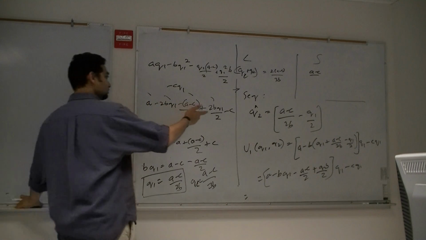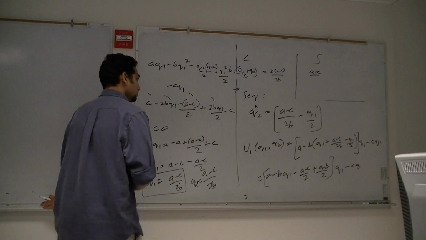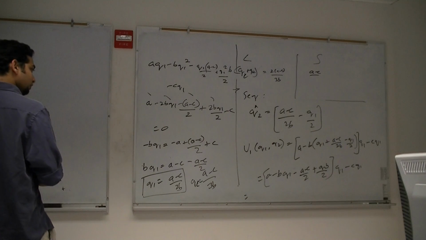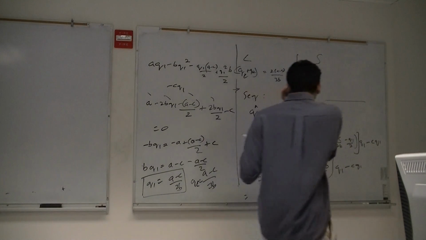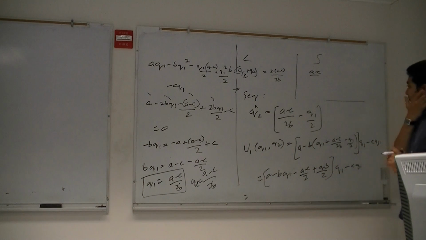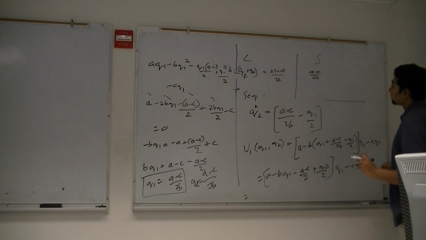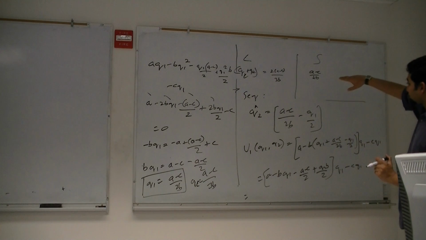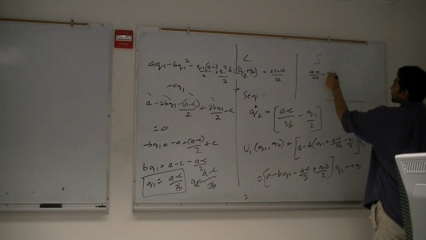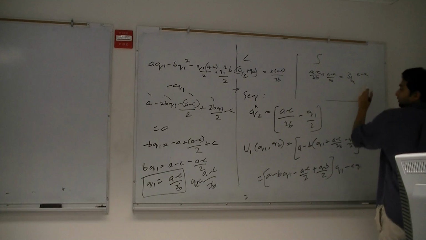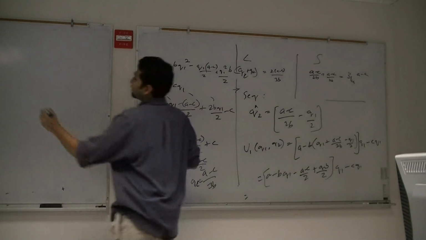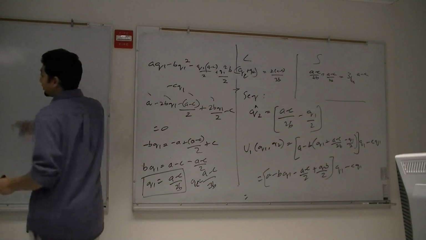Q2 is basically (A minus C) over 4B. You see how I got Q2, right?